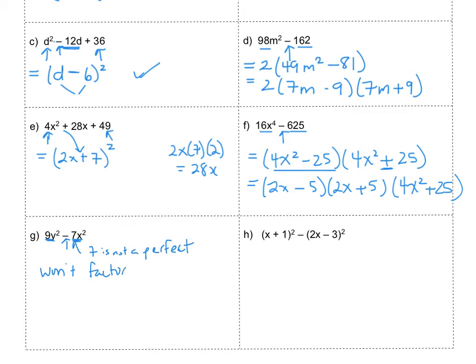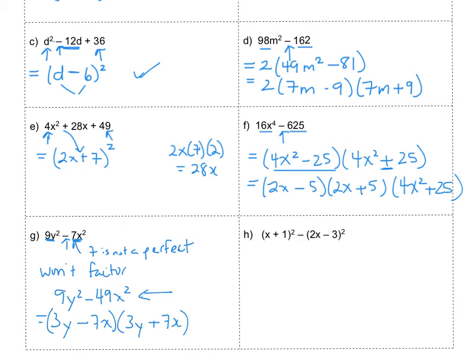All right, if that 7 was a 49 instead, then absolutely. If it was 9y squared minus 49x squared, then absolutely that's going to factor to be 3y, square root of the first, square root of the last, make two brackets that look almost the same except one has a plus and one has a minus, if that were the example here.